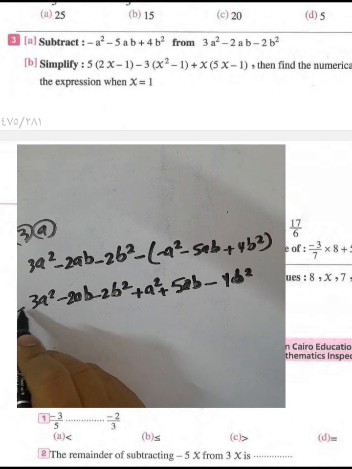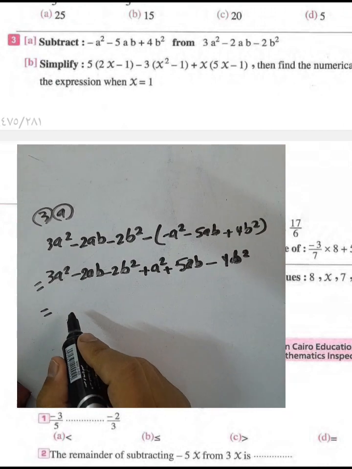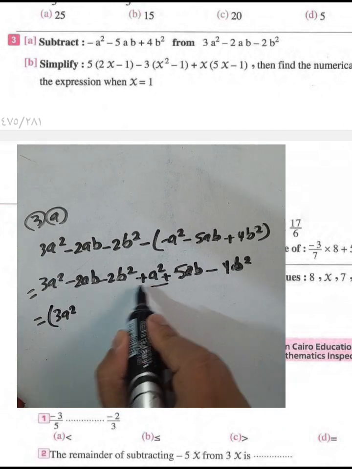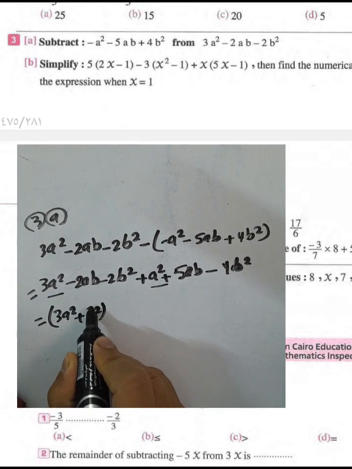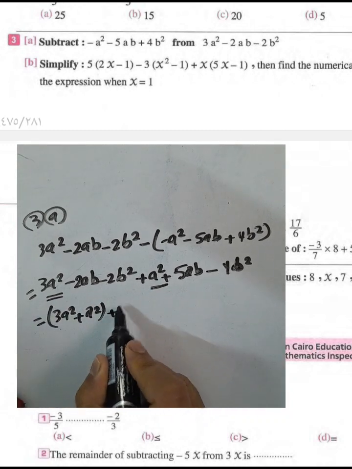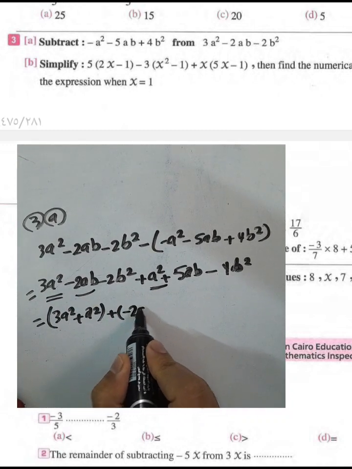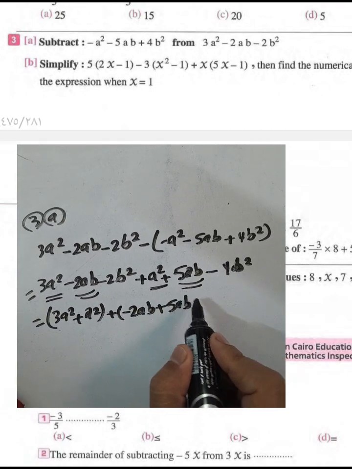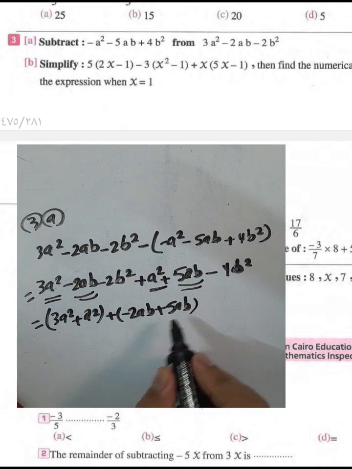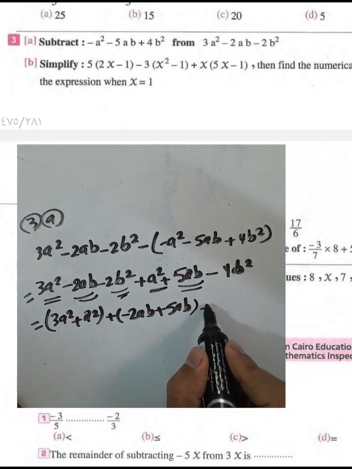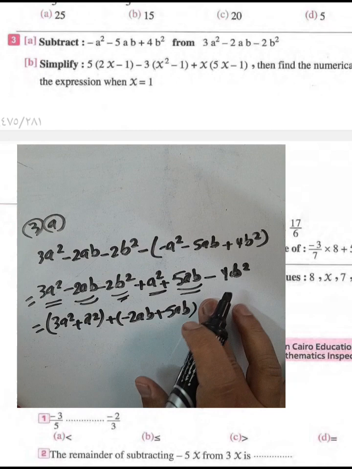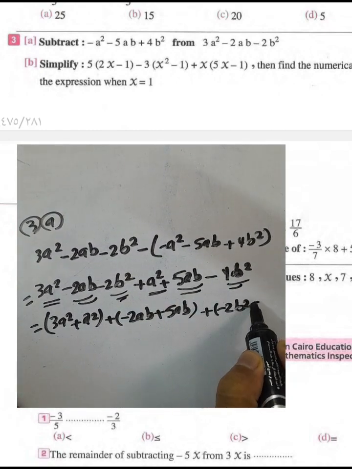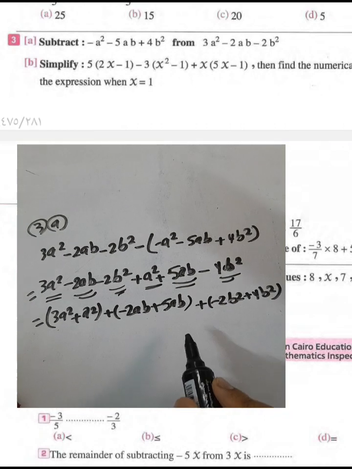And then we can use the associative and commutative properties. 3a power 2 with a power 2, and negative 2ab with 5ab, and negative 2b power 2 with 4b power 2.